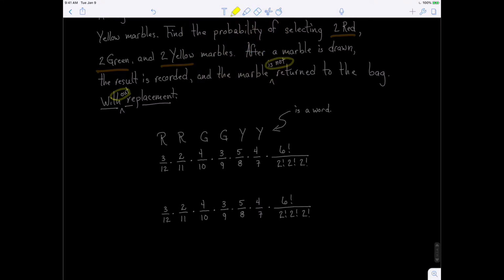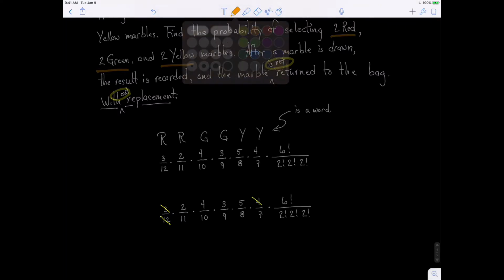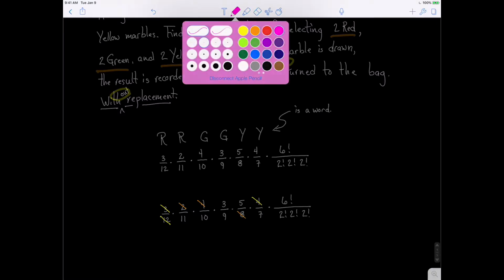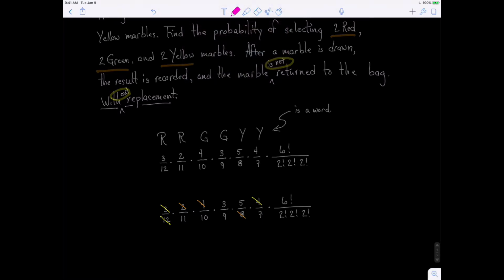How about we start with yellow? Notice that right off the bat, I have a 3 times a 4. Well, that's 12. Let's do another color for our next cancellations. Notice I have a 2 times a 4. Well, that's 8. And let's try another one. How about a pink one? What do we have for pink?